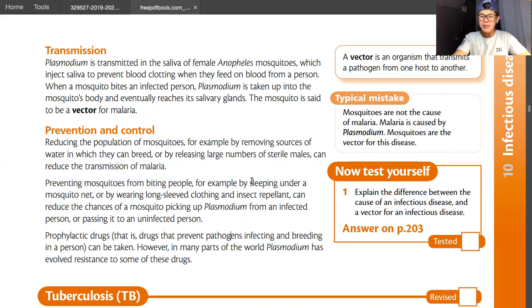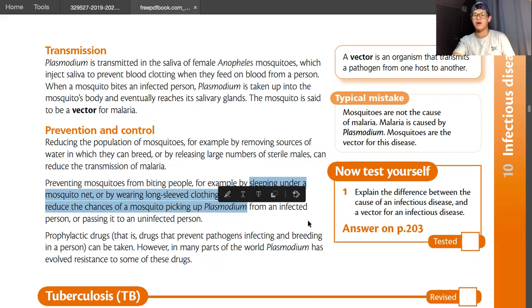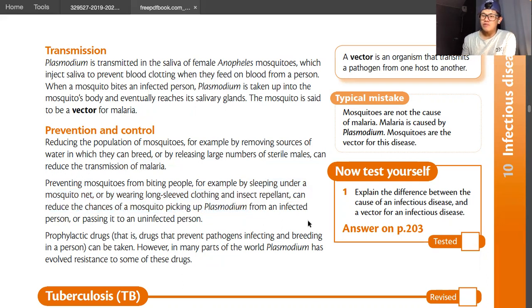So for example, sleeping under a mosquito net or wearing long sleeve clothing and insect repellent can reduce the chances of mosquito picking up plasmodium. So another way is our own initiative. What is our initiative? We sleep using a mosquito net, or a kelambu, or wear long-sleeved clothing, or use insect repellent so that the mosquito is afraid to bite.